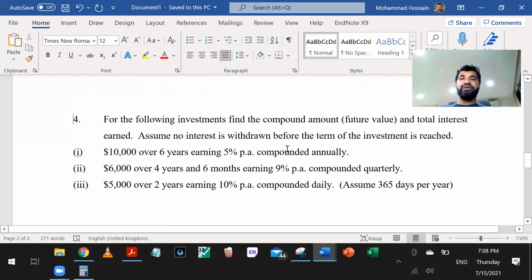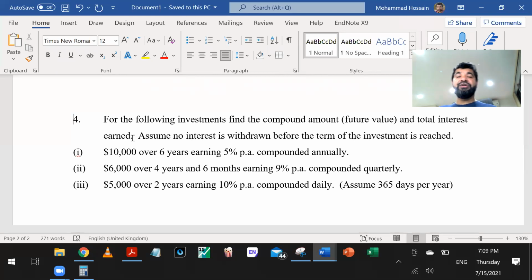Assume no interest is withdrawn before the term of investment is reached. How much will be the future value and how much interest has been earned? So they didn't withdraw any money from there.